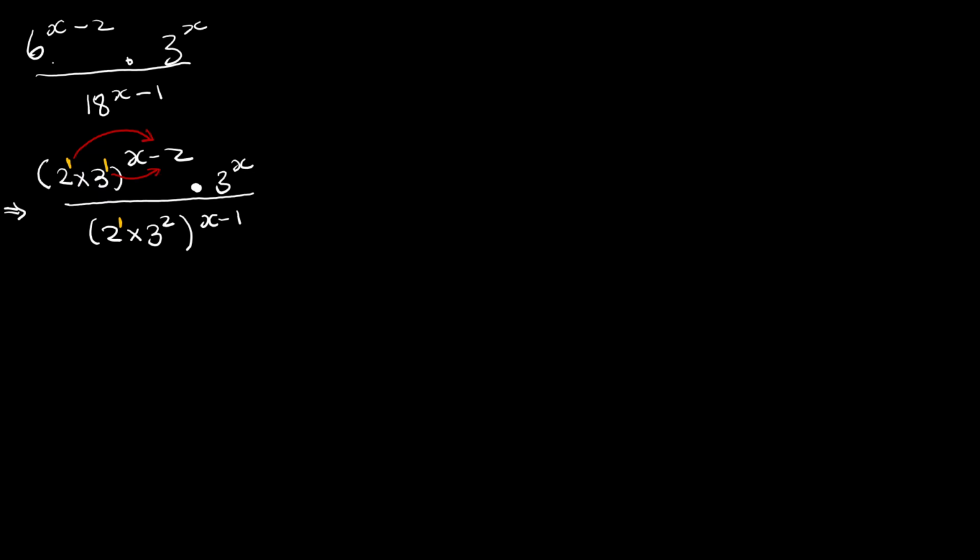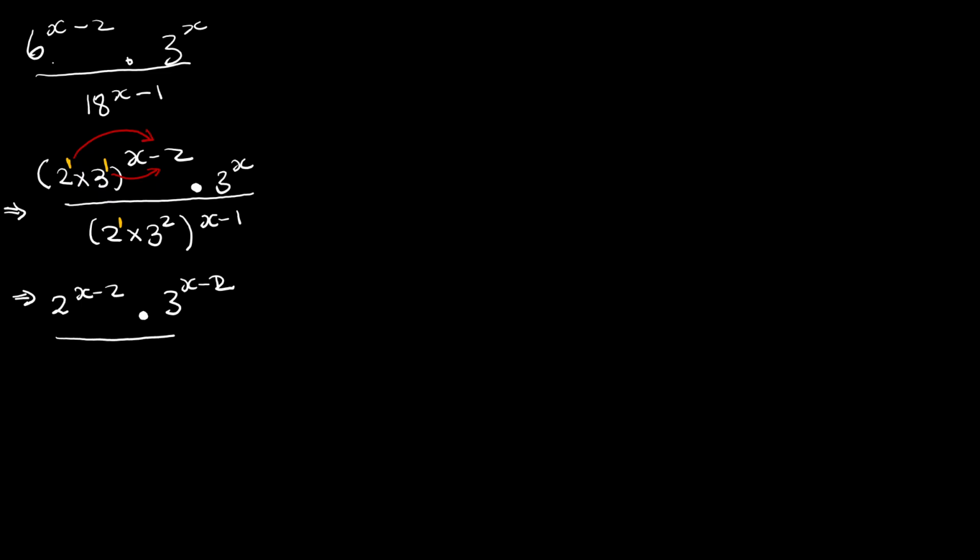So on top, we're going to have 2 to the power 1 times x minus 2, so it's just x minus 2. Nothing changes. But if it was 2 to the power 2, we're going to multiply each term of the exponent by 2, so it's going to be 2x minus 4. But now it's just 1, so it will remain x minus 2. Then we multiply this by 3 to the x minus 2.